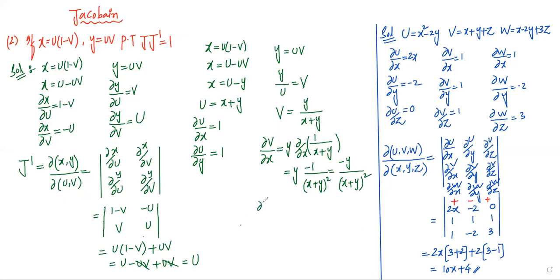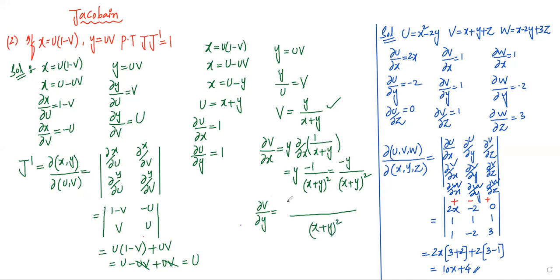Now v with respect to y. Once again, for this term we are going to apply the u by v formula. Here v square means (x plus y) whole square.